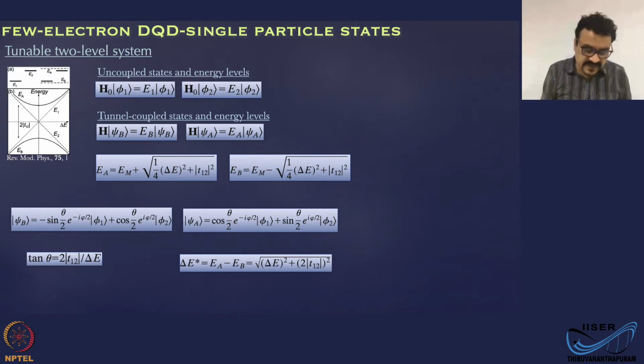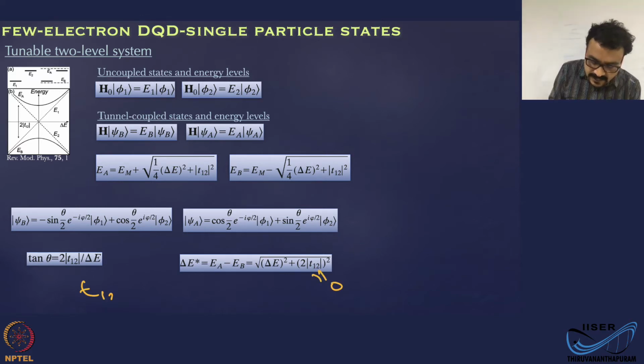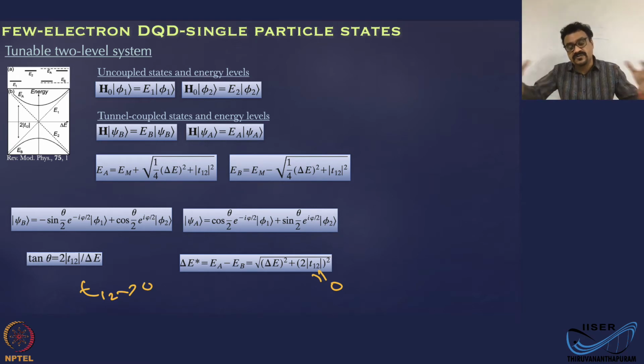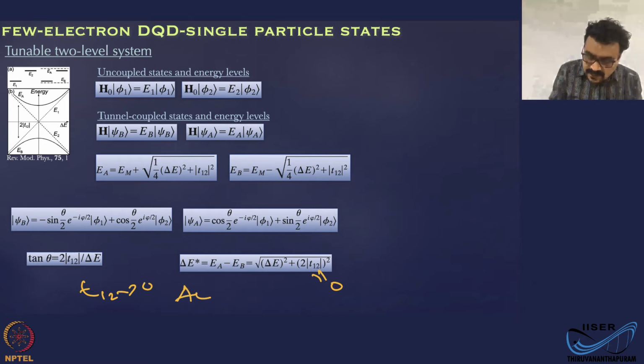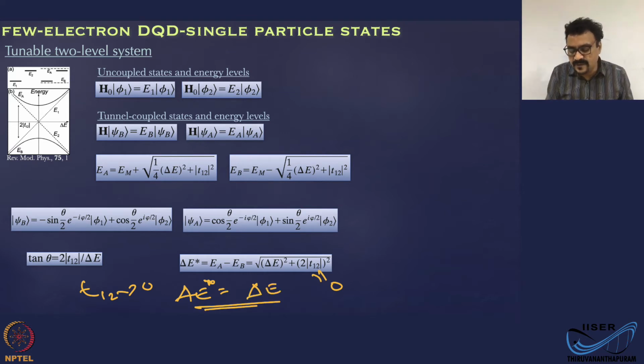And theta is given by this relation. And the energy difference for the coupled system, EA minus EB, is given by this. So you can see that the energy difference is the same as delta E, the initial energy difference when it is not coupled, when you take T12 as 0. When T12 goes to 0, that means these dots are far apart. Delta E star becomes delta E. That's what you have.